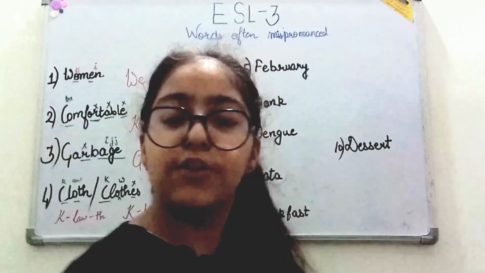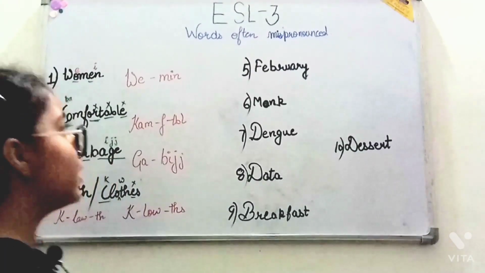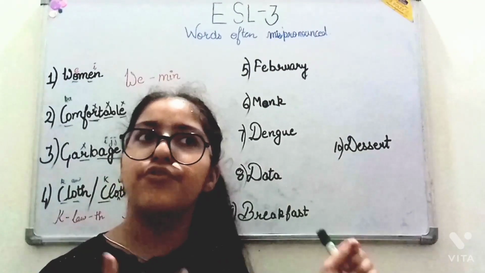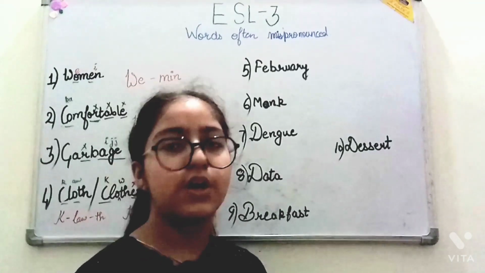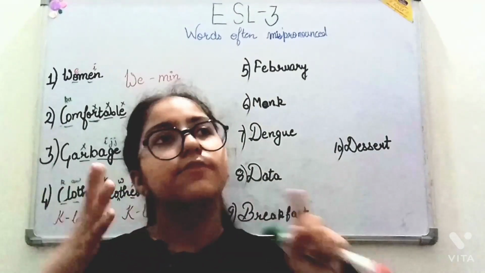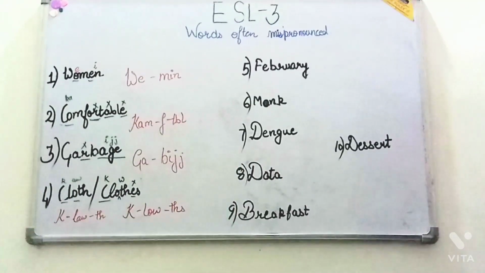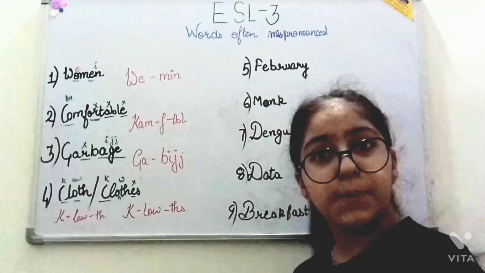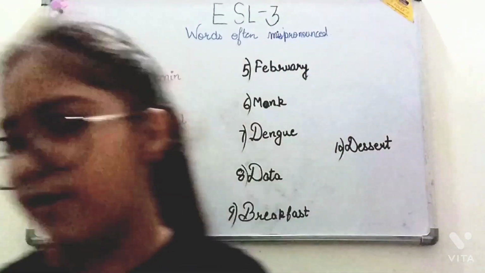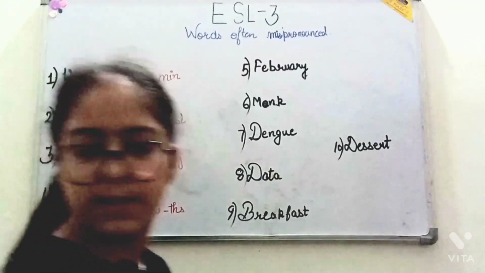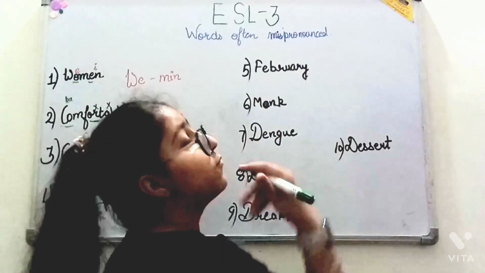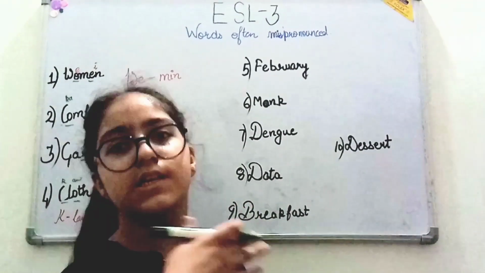Then let's move on to the fifth one, which we call February. February is not the correct pronunciation. Many people pronounce it incorrectly, and most people pronounce it wrongly. It will mostly be pronounced as it is written, but at speed.